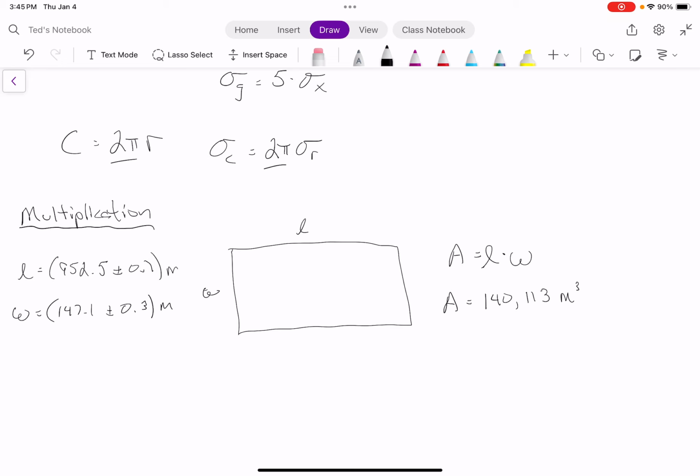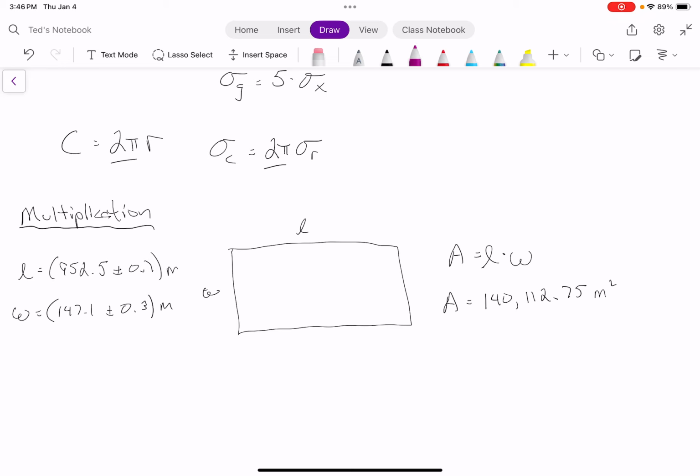Let's see. Yeah, okay, that's my calculator rounded off. Let's not round off. 140,112.75 square meters. Okay, so that is the area of our rectangle, but what's the uncertainty in that area?